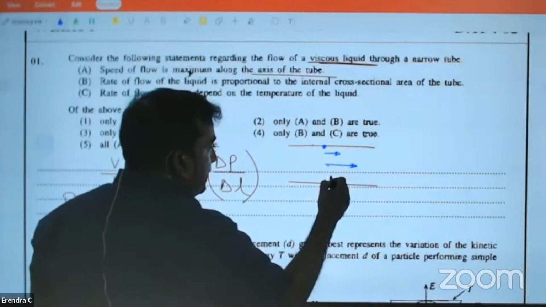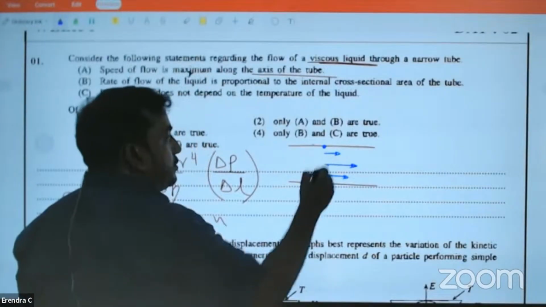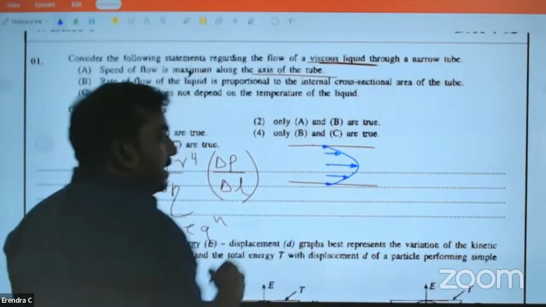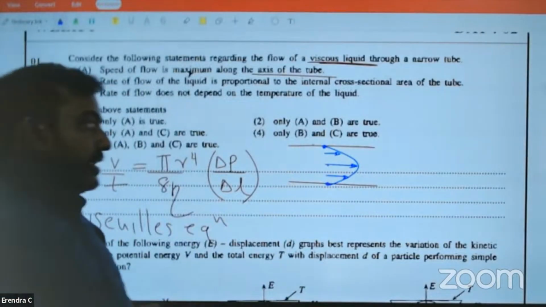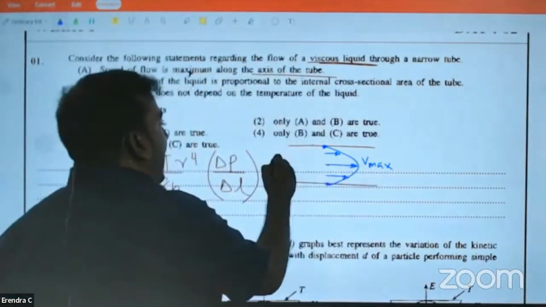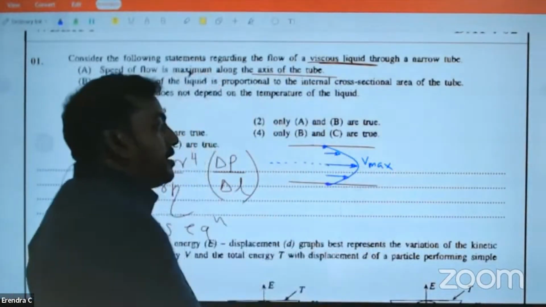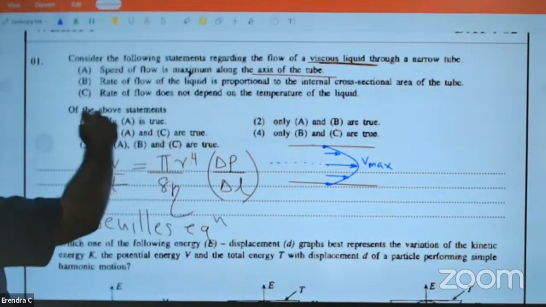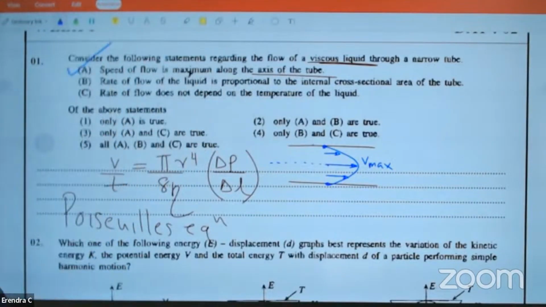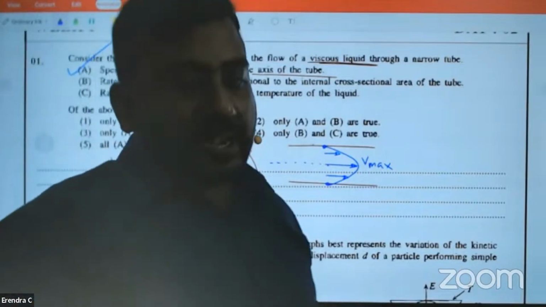Velocity is maximum at the axis. If you draw the profile, it is going to be a parabolic curve like this. Maximum velocity will occur at the axis. So speed of flow is maximum along the axis of the tube. Statement A is correct.